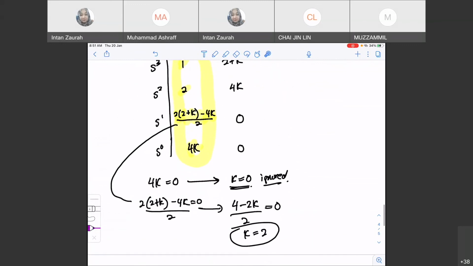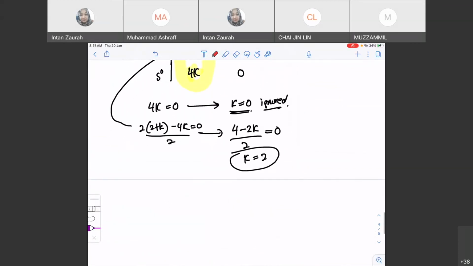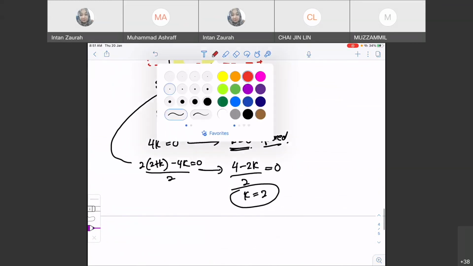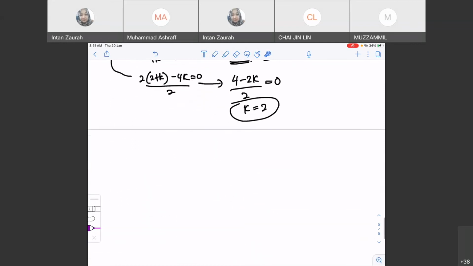The other way of solving it is by using this s squared row here. I've already shown this in the previous recorded example. Okay, so how to use that? This s squared row has a coefficient of 2. That 4k is actually for s to the power of 0.